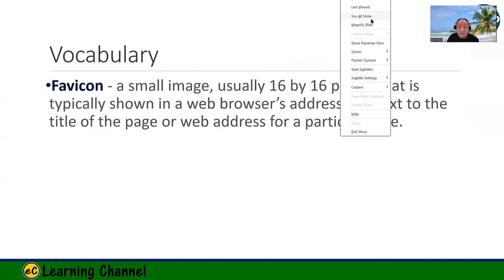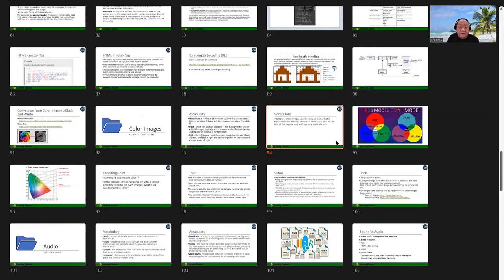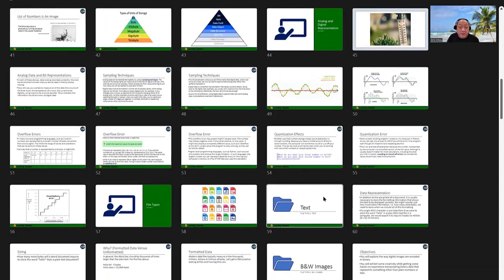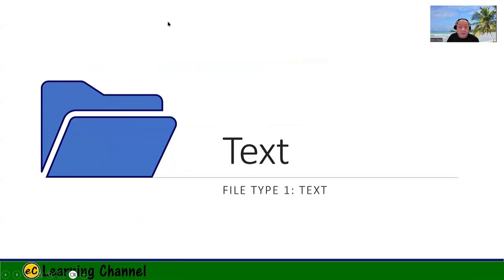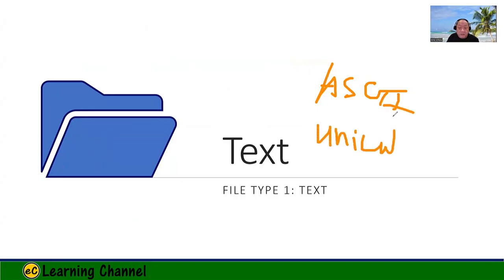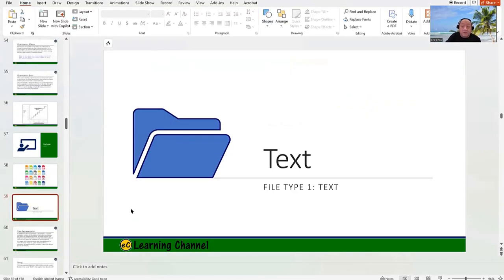Yeah. So let's get started with the text file. In a text file, you store your English in ASCII code, and you store your Chinese data in Unicode. It's called a text file. Creating a text file is very simple.